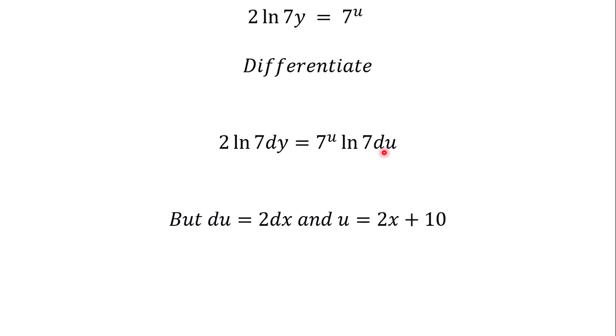We know the value for du, that is du is equal to 2 dx. So wherever we see du after differentiating, that is what we are going to put there, that is 2 dx. So we will replace du with this one, and also u with this. Let's replace them.